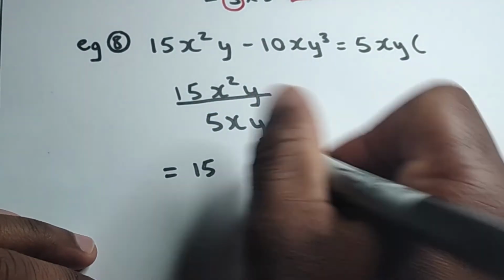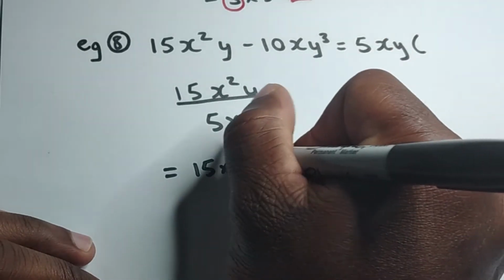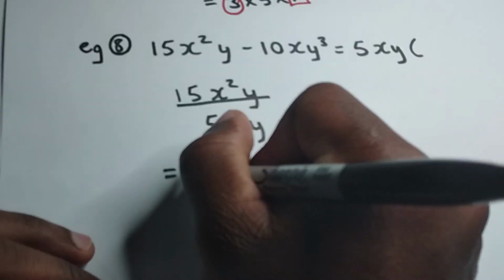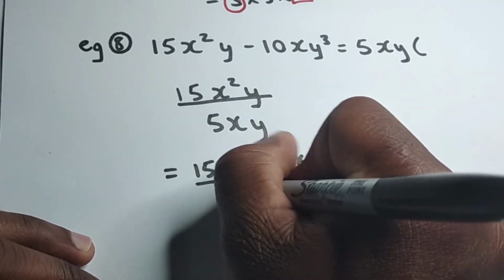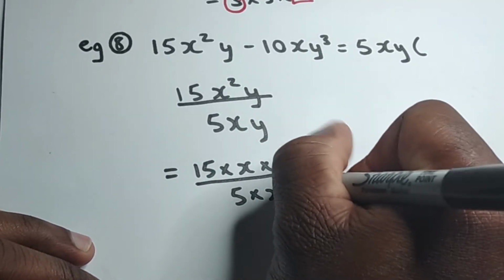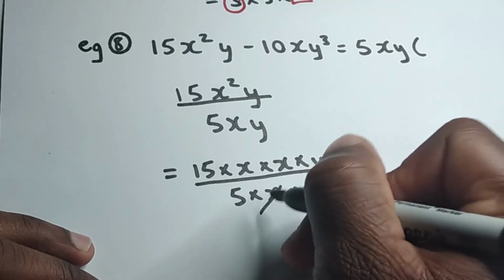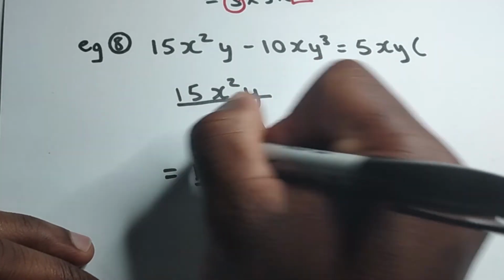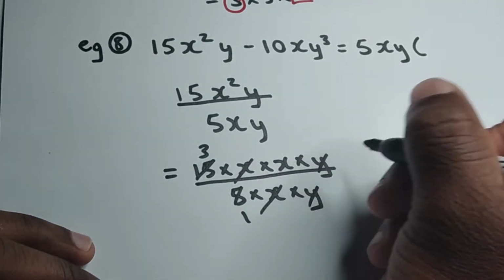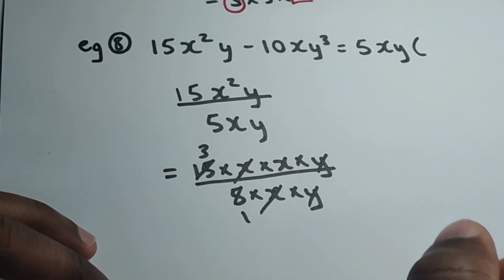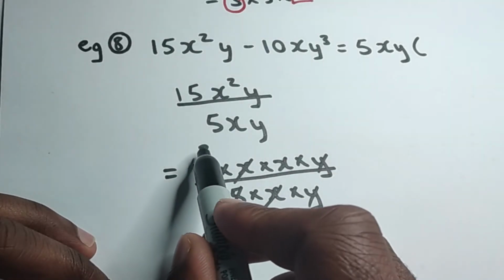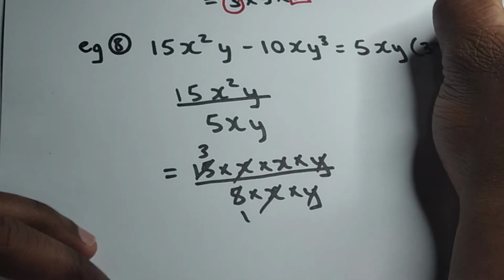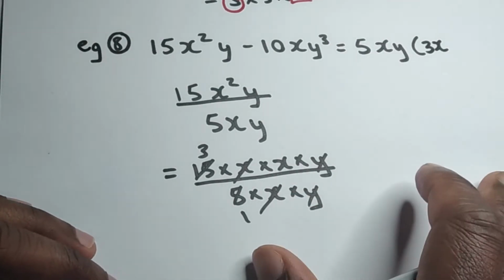So this is the same thing as 15 times x squared, which is x times x, times y, over 5 times x times y, alright? So we can use x to cancel x. 5 into itself goes 1, 5 into 15 goes 3 times, y cancels y, so what's left there, alright? So when we do all of that, we'll be left with 3 times x, alright? Everything in the denominator is cancelled.